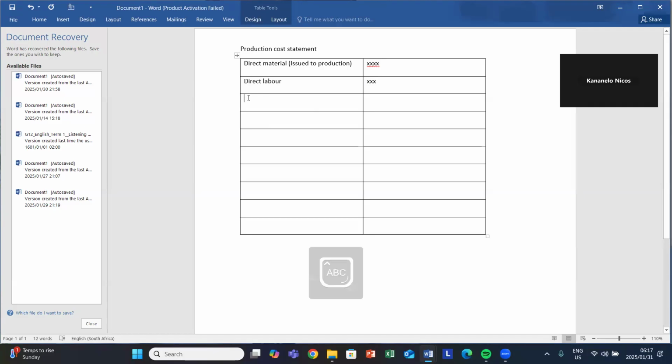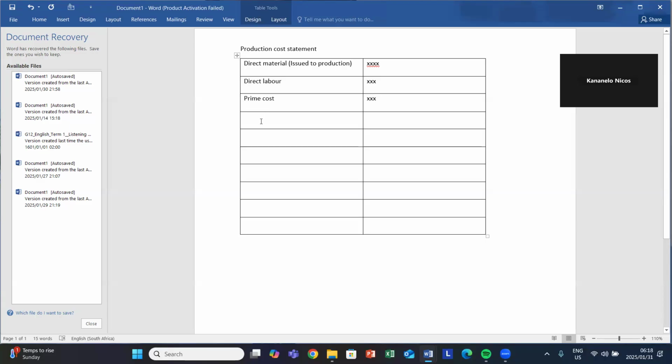And then we also have our prime cost. We get our prime cost by adding direct material value plus direct labor. You will get our prime cost when you add our direct costs, which is direct material plus direct labor.